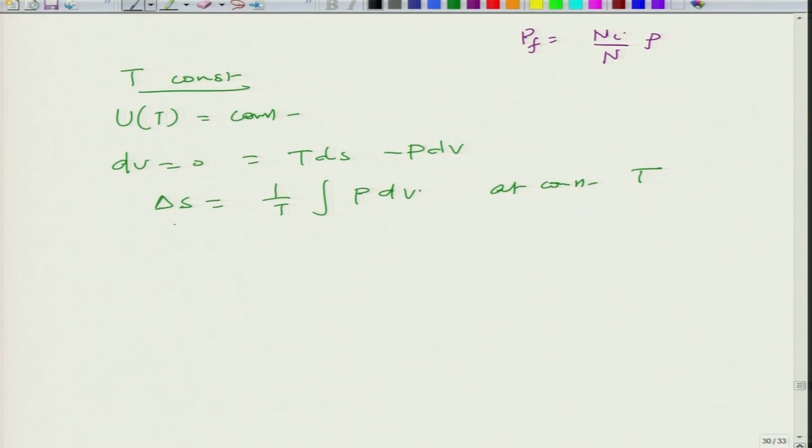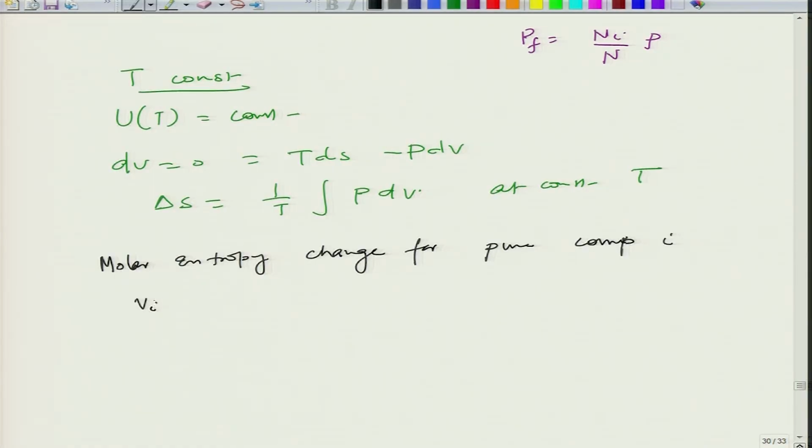Now, as I said, I am just going to look at the pure component. So, let us look at only the molar entropy change for pure component i, such that it goes from small v_i to v at T. Okay.